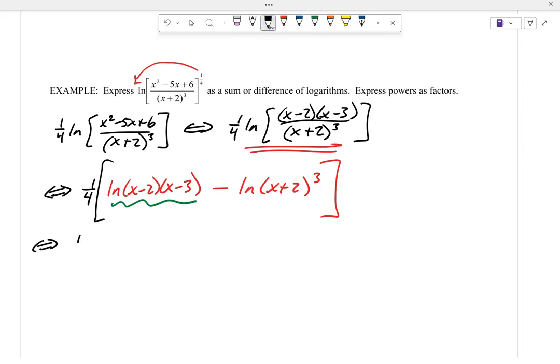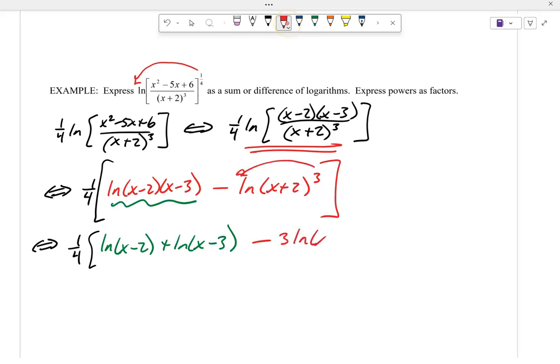So I have 1/4 and then that ln x minus 2 plus ln x minus 3 and then minus, and I'm going to go ahead and put that 3 in front, 3 ln x plus 2. And then the 1/4 goes through to everybody.